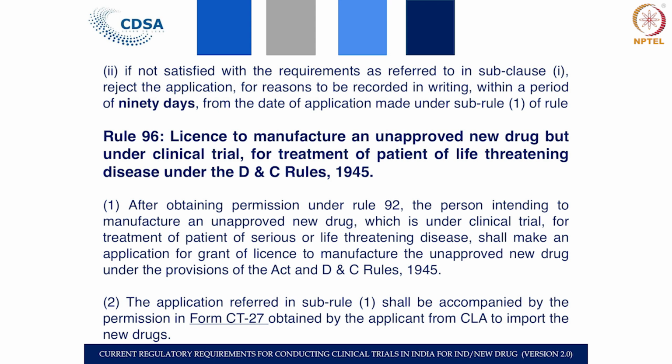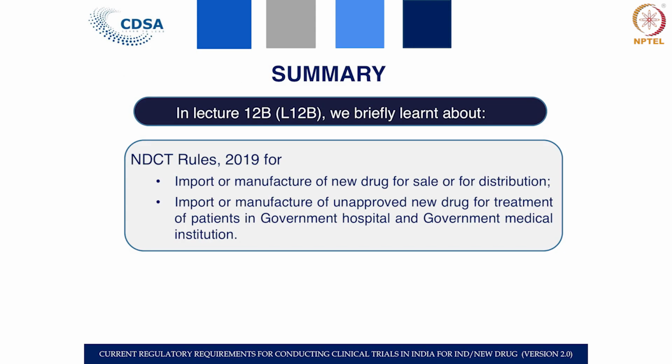So, finally, what we learnt in this? It covers the import or manufacture of new drug for the purpose of sale or distribution, and also the special rule on the import or manufacture of unapproved new drug which is under clinical trial for the treatment of patients in government hospitals.